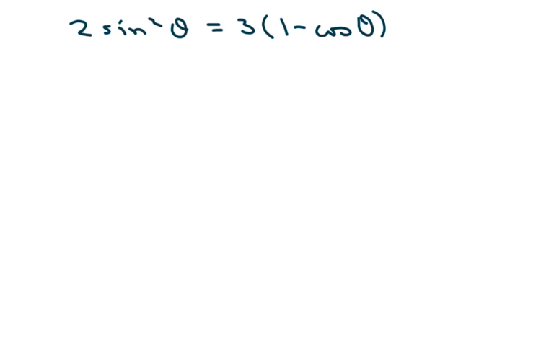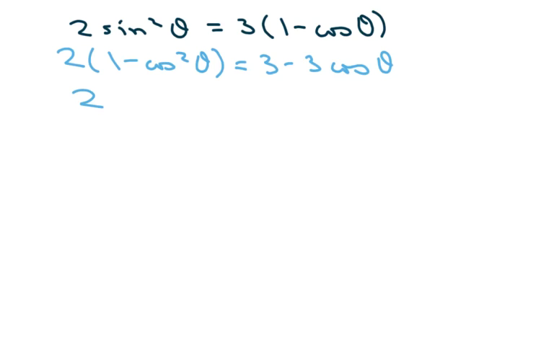Same thing for this last one. This is 2 times 1 minus cosine squared of theta. That's your Pythagorean identity. And I distributed the 3. I'll go ahead and distribute the 2 here. 2 cosine squared of theta. Now, I'm going to go ahead and move everything over to the right.